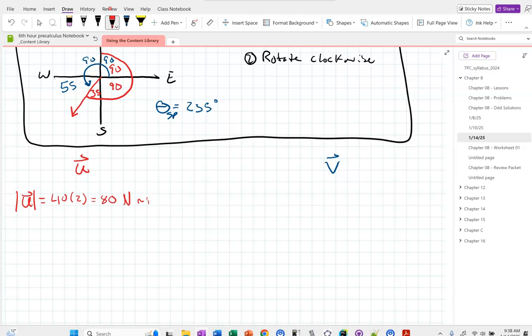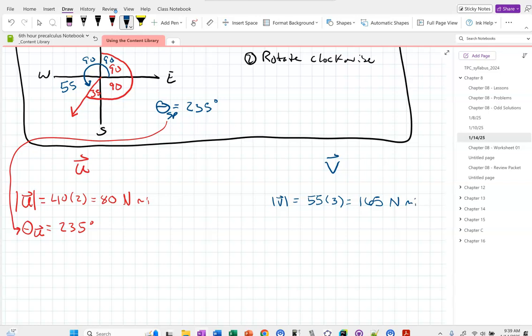And above, we already converted the course into a standard position angle. So for our second vector, vector v, that was going 55 knots for 3 hours.